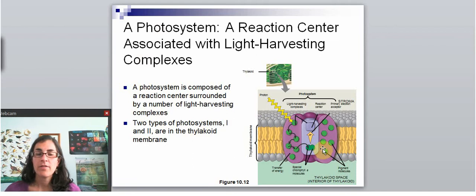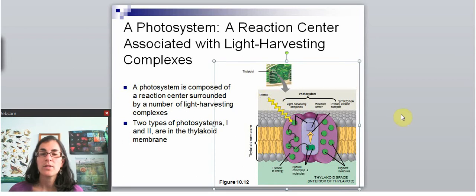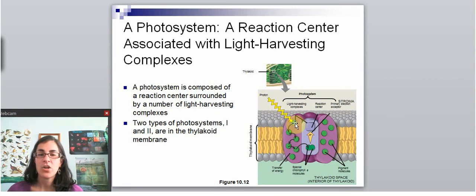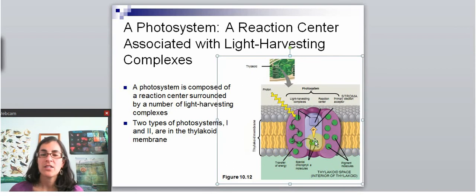So this is a figure of a photosystem, and again there's two key parts. There's a reaction center, which is the light blue here, and then there's the light harvesting complexes, which is the purple and green in this figure. So the light shines in and is absorbed by the pigments in the antenna complexes. That energy is then passed between molecules until it hits and is passed to the chlorophyll inside of the reaction center.